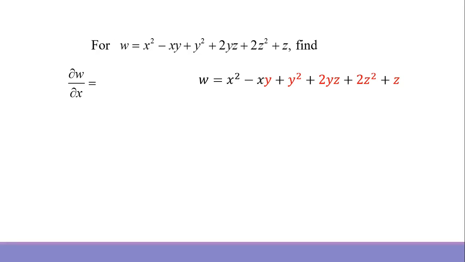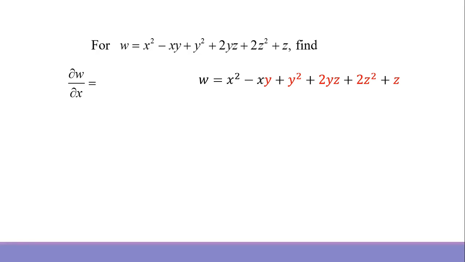Now to help us out, let's color code things. On the right side, you see that all of our x's are still colored in black. But anything that's not an x, we're coloring in red, meaning those terms, those parts of those terms, are considered constants.